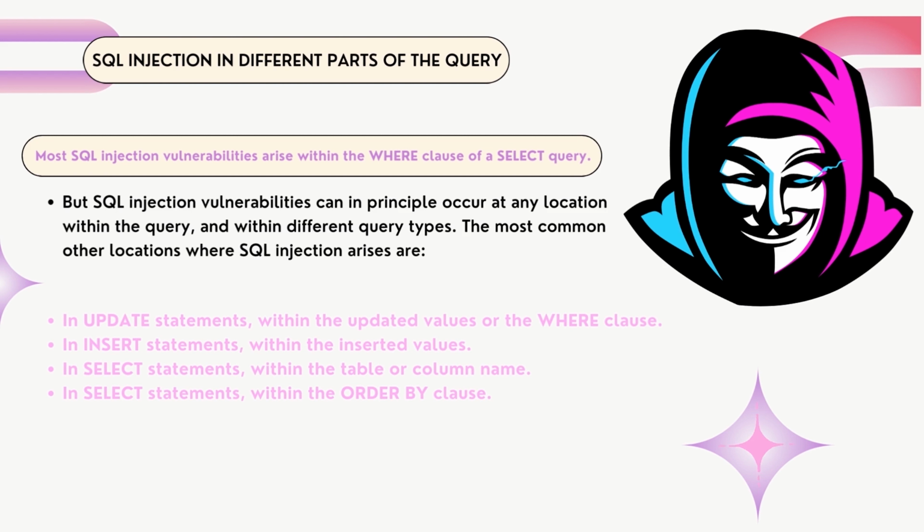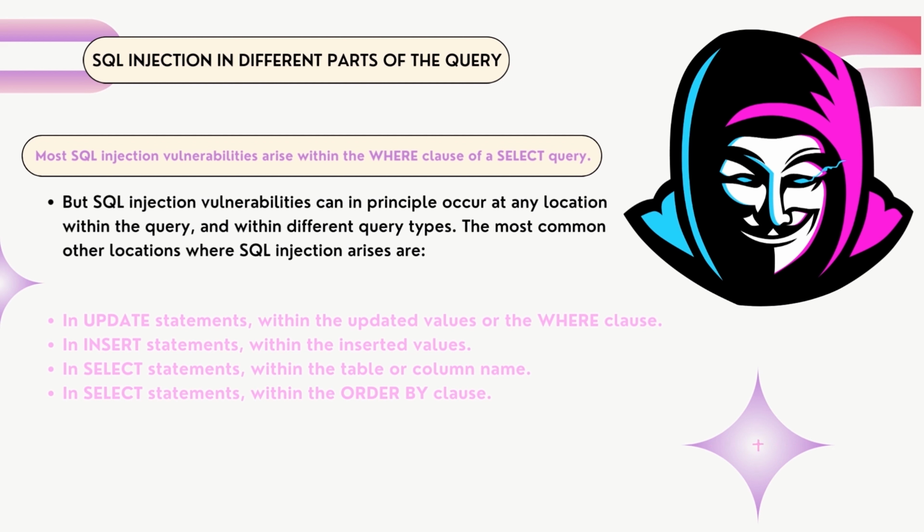Within the updated values or the where clause in an update statement, they can be vulnerable to SQL injection attacks. For example, an attacker could inject malicious code into the updated values to change the data in the database, or they could inject code into the where clause to change the results of the update statement.